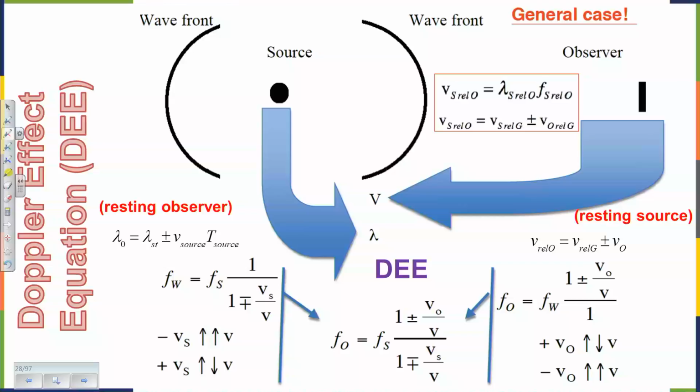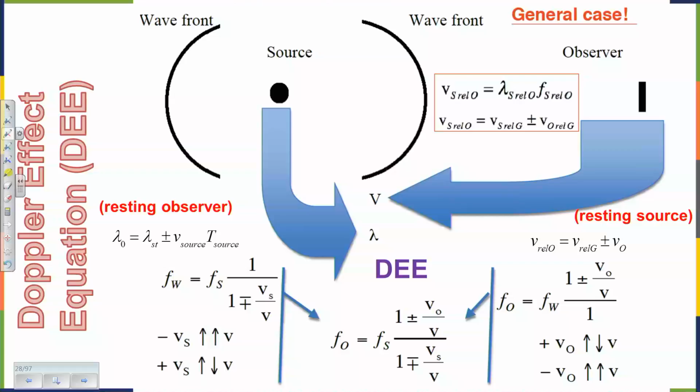When an observer tries to escape, runs away from the wave fronts, the frequency should go down, we should choose a minus.